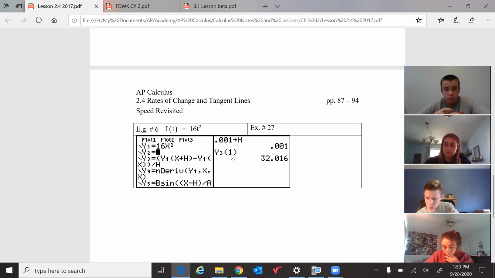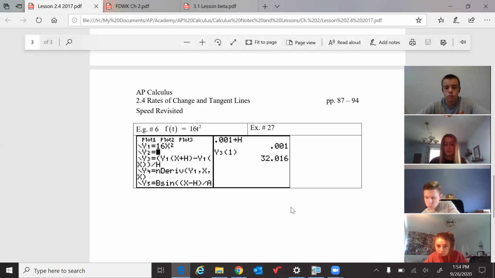So at 1 second, this thing was traveling 32 feet per second. That's the slope right there at that instant at 1 to the right, up 16. You think of the things going up. Okay, so how far did it travel? So that's your model. You're going to problem 27, please.